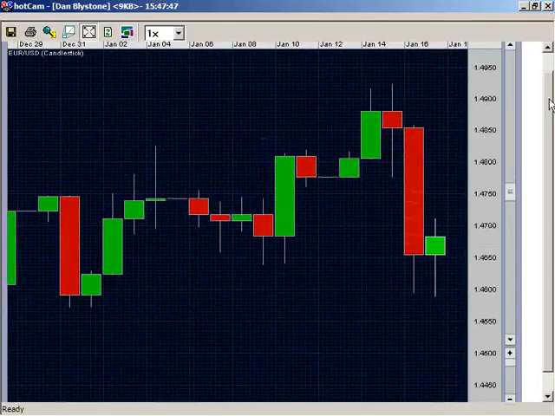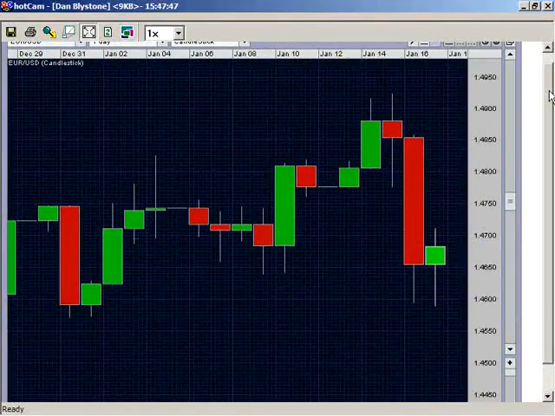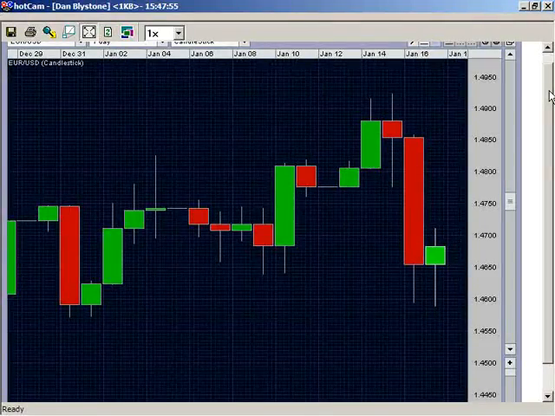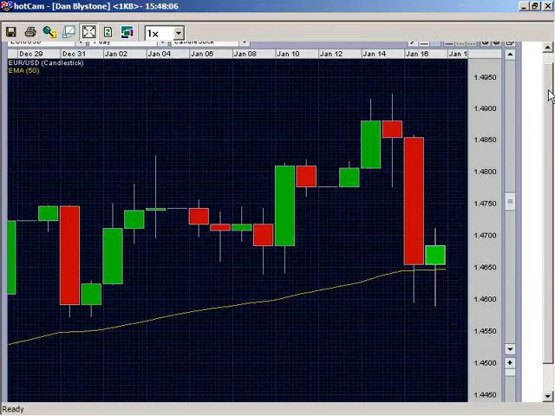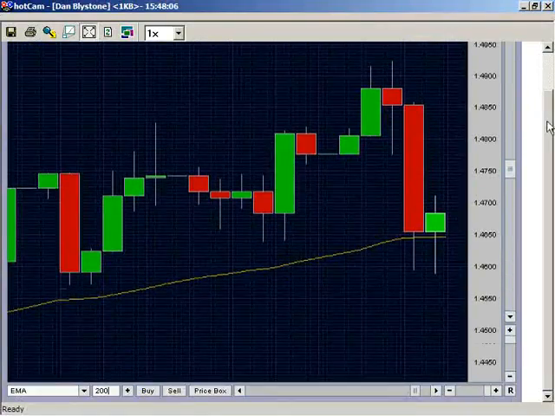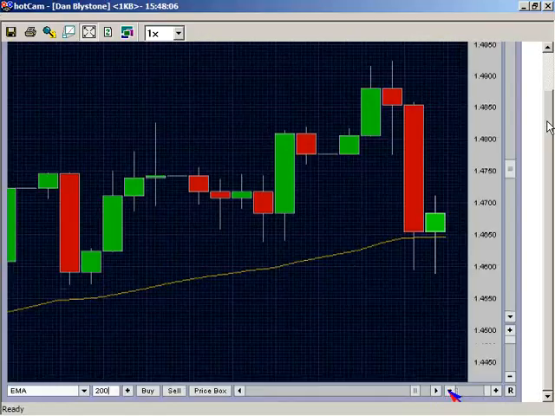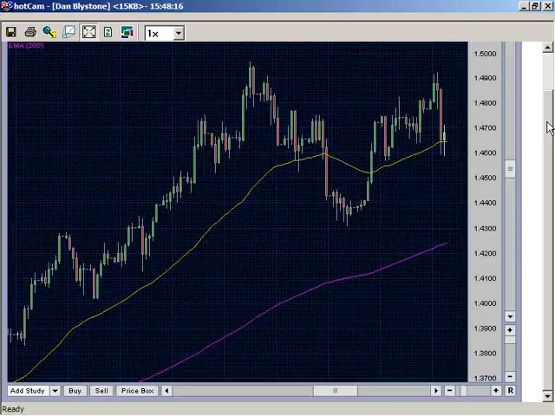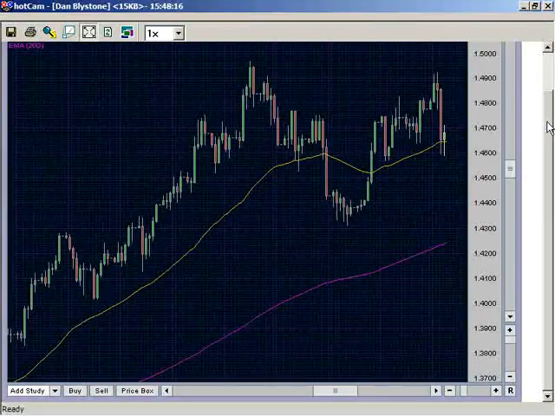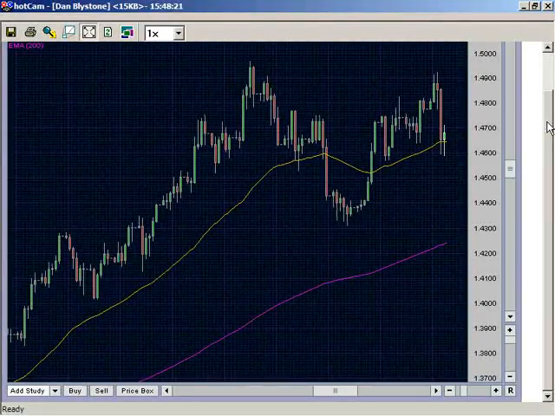Okay, so the basic trigger for our basic system here was the crossover of the 50-day moving average, being the shorter term moving average, and a 200-day moving average. And we can see that's way down here. So this is a setup that doesn't happen very often because we're using longer term moving averages.